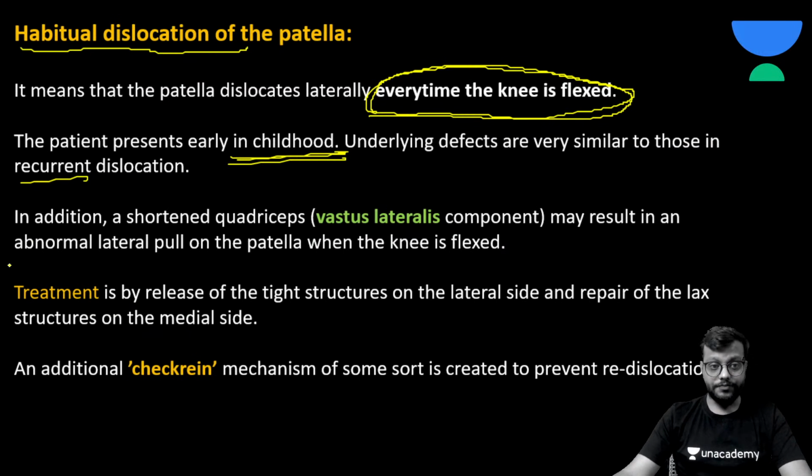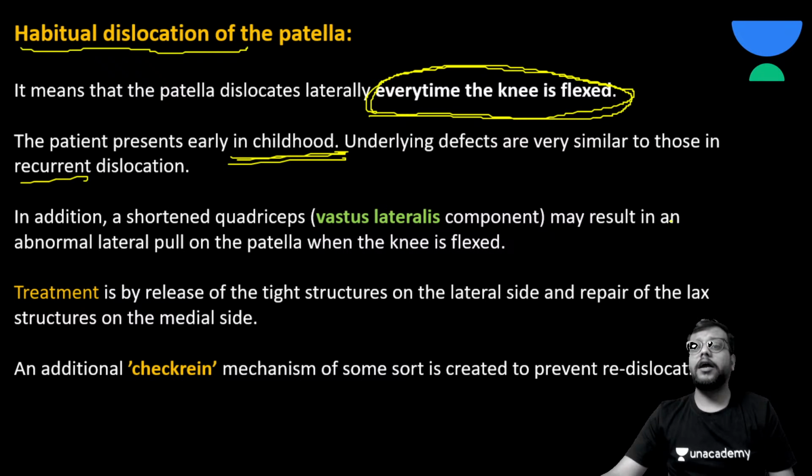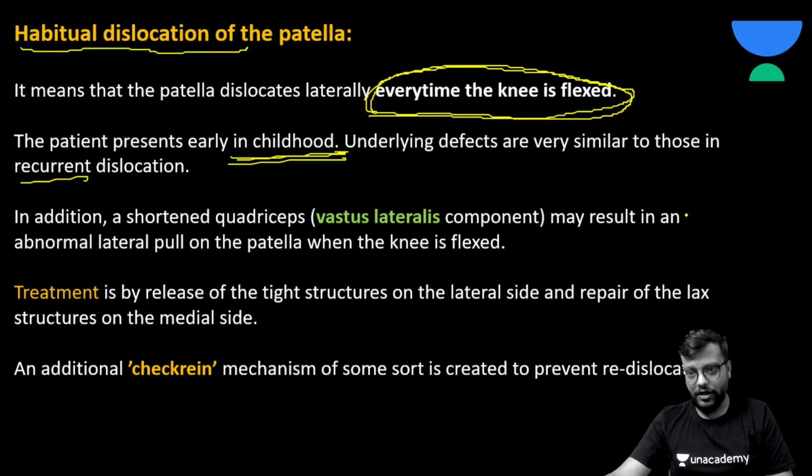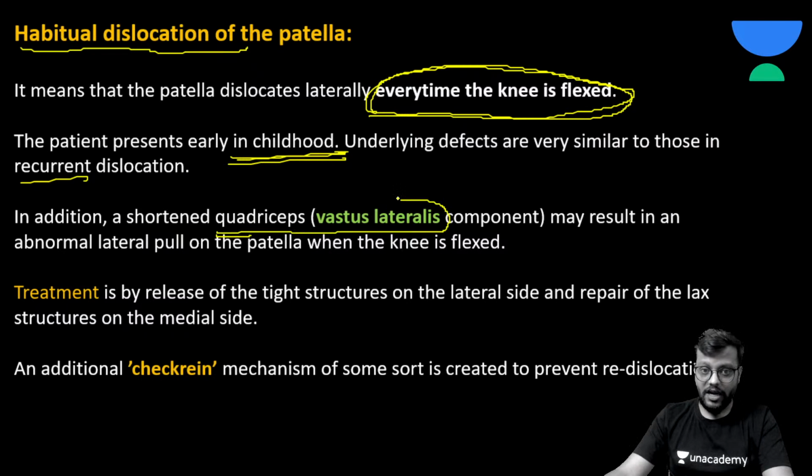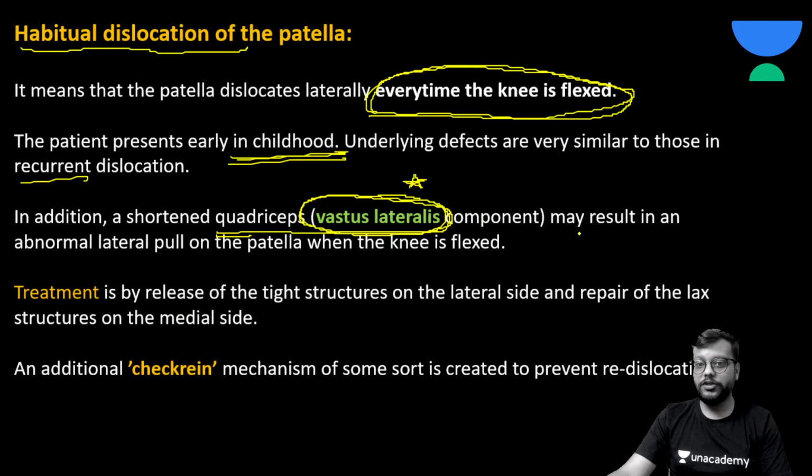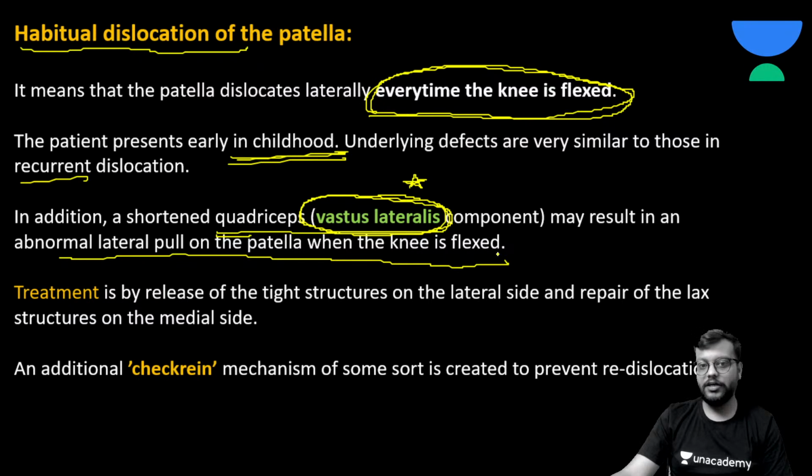Okay, but apart from the patellofemoral ligament, here the vastus lateralis component of the quadriceps will get contracted and shortened, which may result in an abnormal lateral pull on the patella when the knee is flexed.